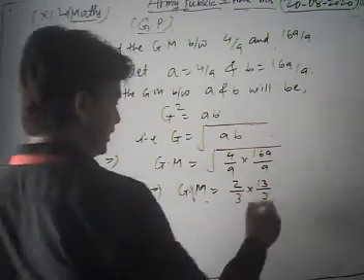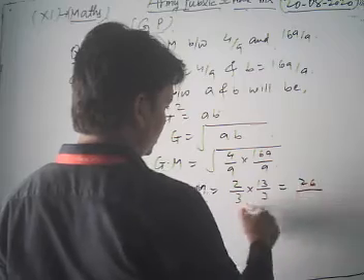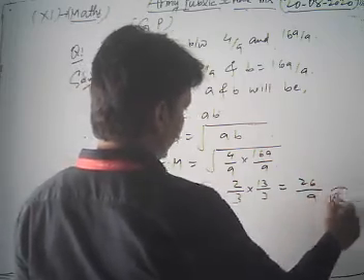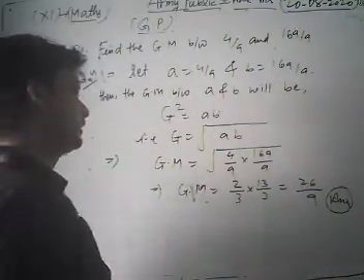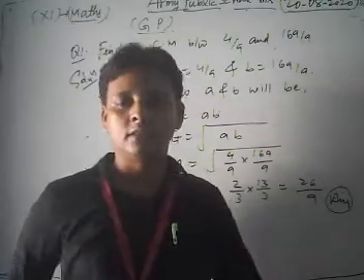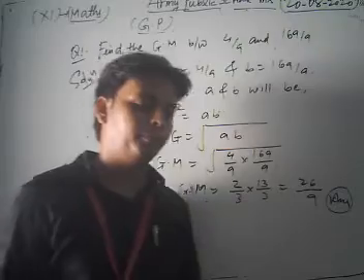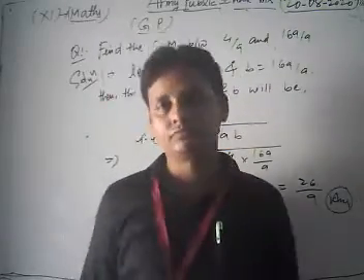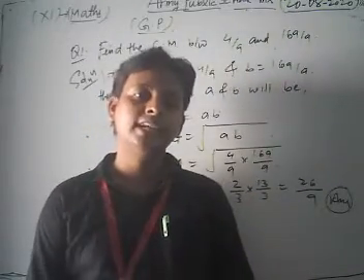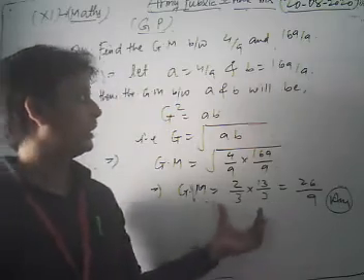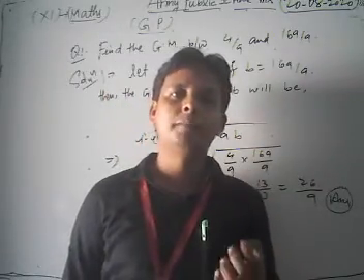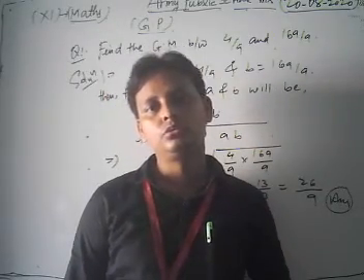So we have 13 into 2, 26 upon 3 into 3, 9. So we have the answer 26 upon 9. This is our final answer. So dear students, in this way we can find a geometric mean between two numbers.